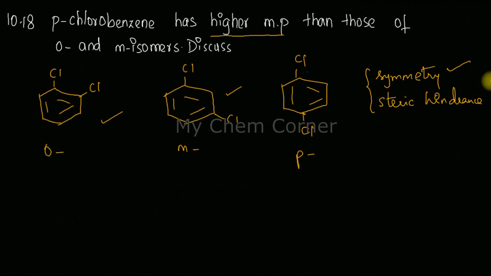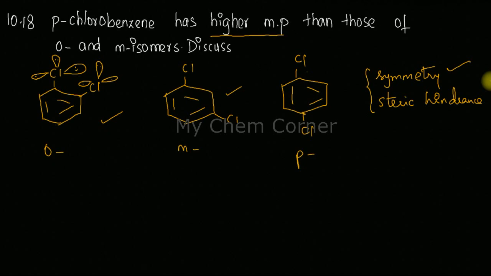On the other hand, when you're looking with respect to steric hindrance, each chlorine atom has three lone pairs of electrons. So I have three lone pairs here. This Cl will also have three lone pairs. So this way each Cl atom will have three lone pairs of electrons, or unshared pairs of electrons.